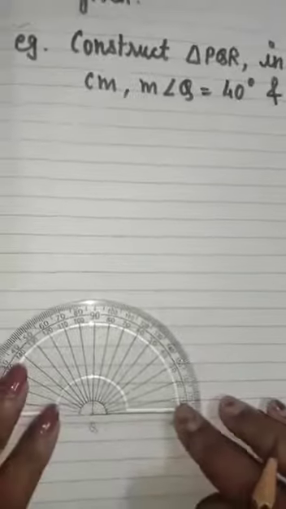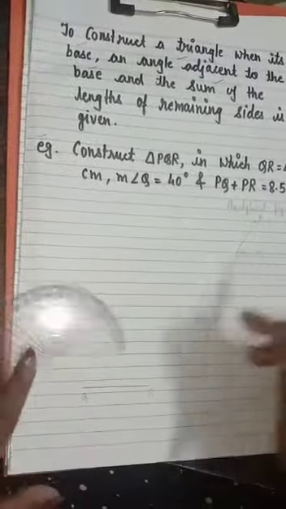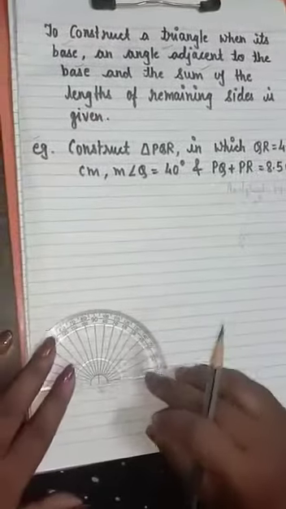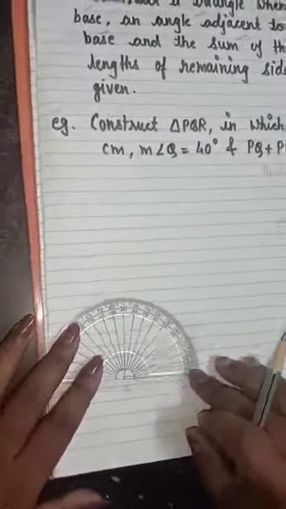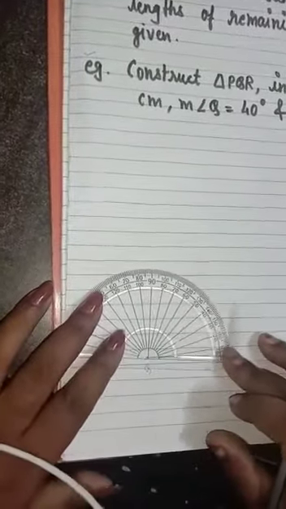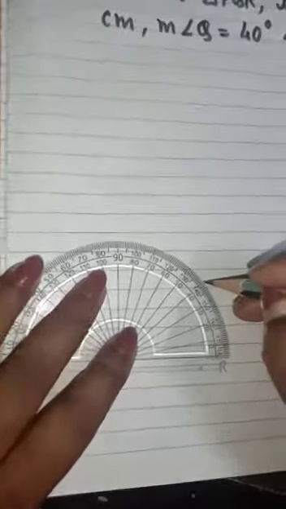So I will take the protractor. I'll keep it over here. Okay. So angle Q is 40 degrees. So we'll take the protractor and we'll draw the angle 40 degree from point Q. This is 40 degree.